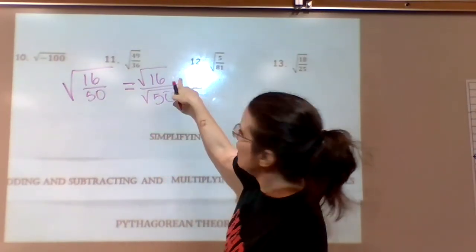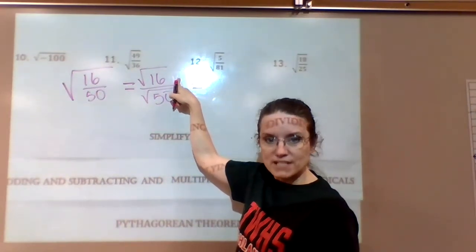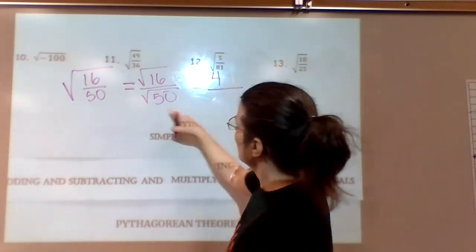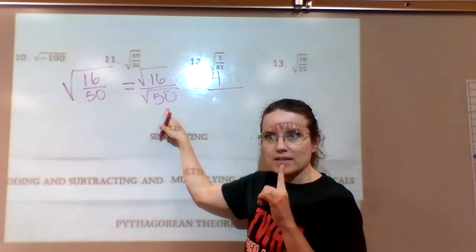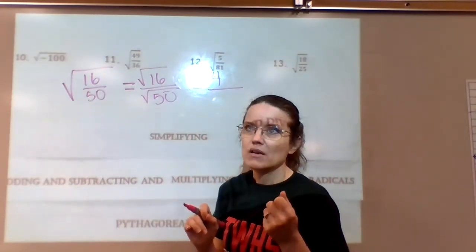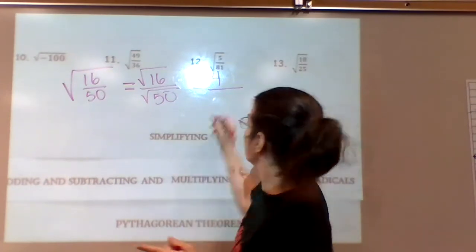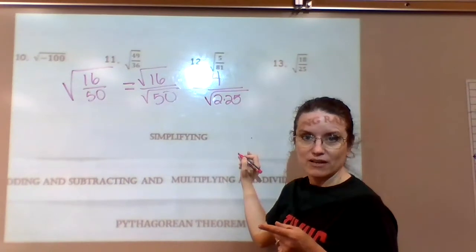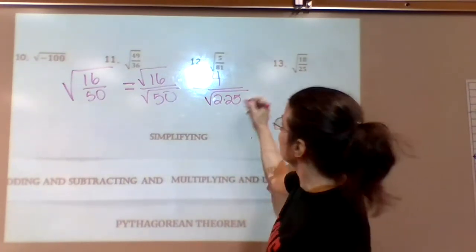You go, okay, on top here, I know that the square root of 16 is 4. On the bottom here, let's see if we can break up 50. 5 times 10, neither of those is a perfect square. 2 times 25, so I have the square root of 2 times 25 on the bottom here, which I can now simplify out.